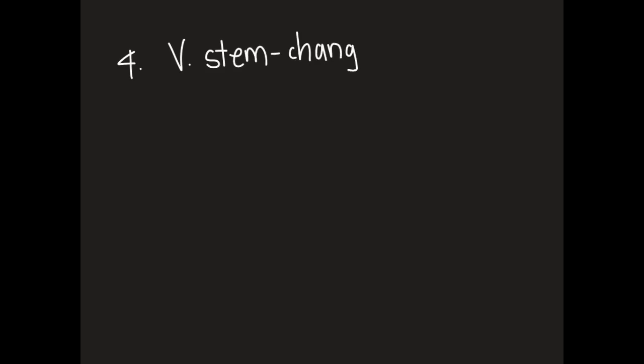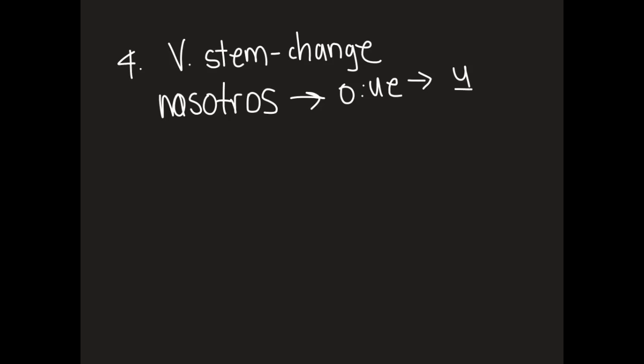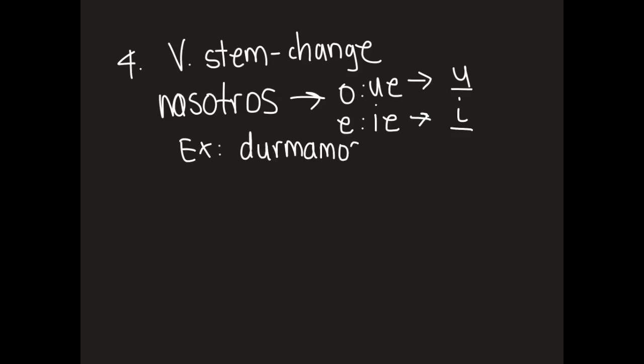Fourth, for stem changing verbs in the form of nosotros, if it ends in IR, there's only half a stem change. So if it's O to UE, or E to IE, and if it ends in AR, remember that there is no stem change.